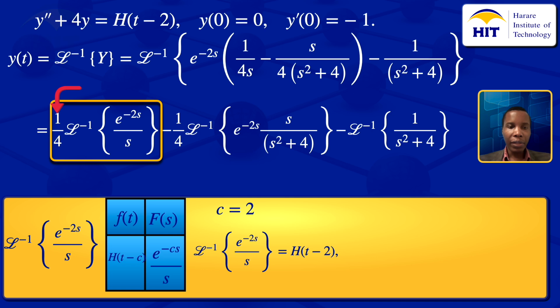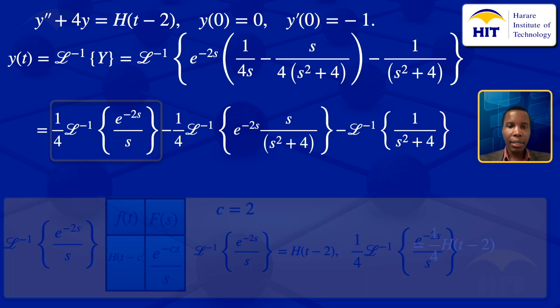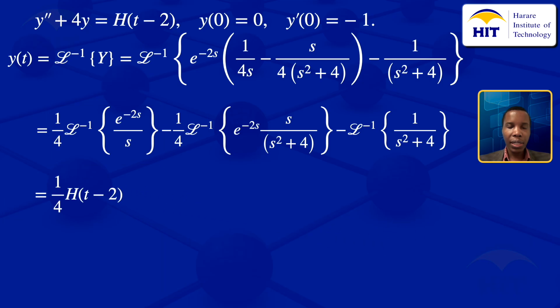But here we have a 1 over 4, so 1 over 4 multiplied by the inverse Laplace transform of exponent of minus 2s over s is equal to 1 over 4 multiplied by h of t minus 2. So I'll put this expression into our equation here, and then move on to the next part.